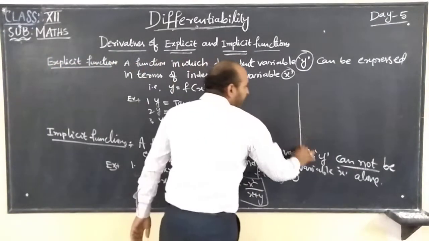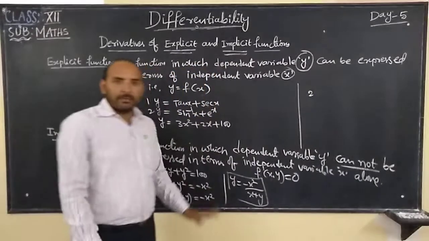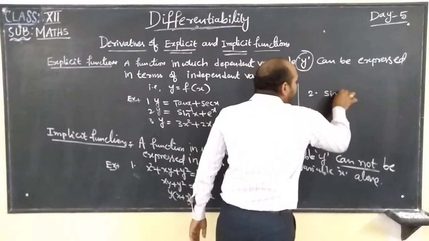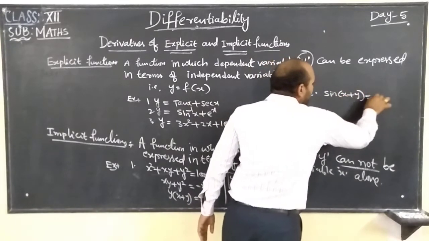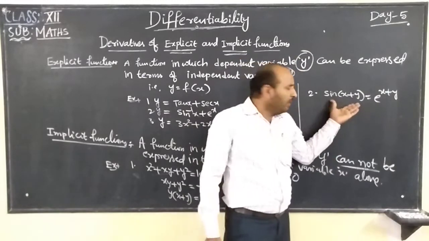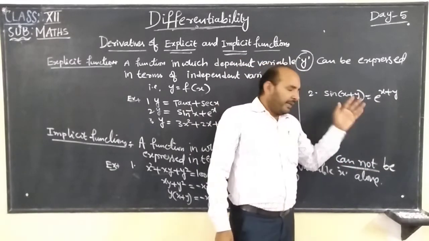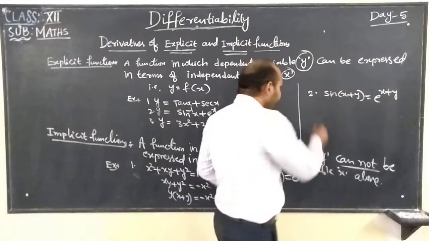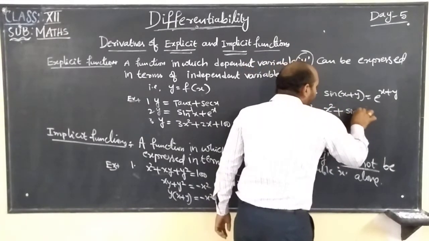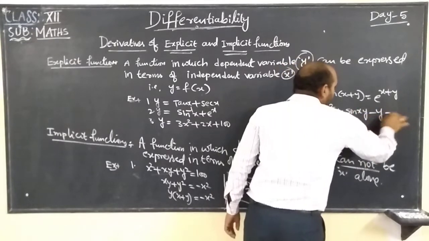Another example for the implicit form: sin of x plus y is equal to e power x plus y, which is also the same thing. We cannot write y and x separately. Third one, x square plus sin xy minus y is equal to 0.